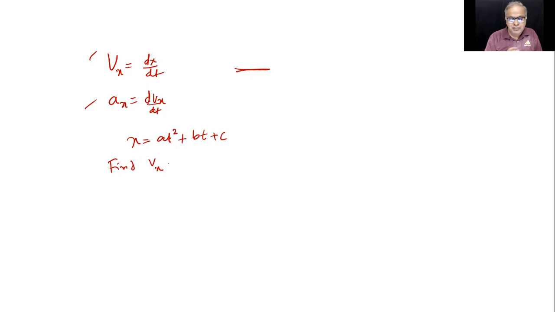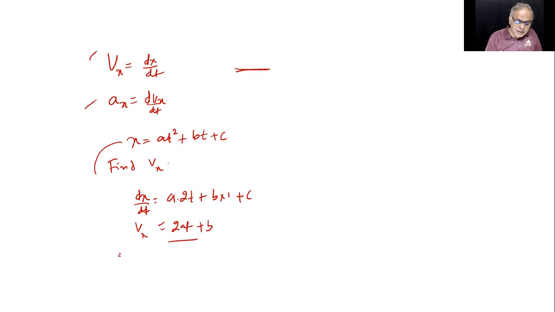Velocity is a function of time, nothing else. So if I find out dx by dt for this, what will I get? That formula is there, no? a into 2t plus b into 1 plus c. That is 2at plus b. This is instantaneous velocity.